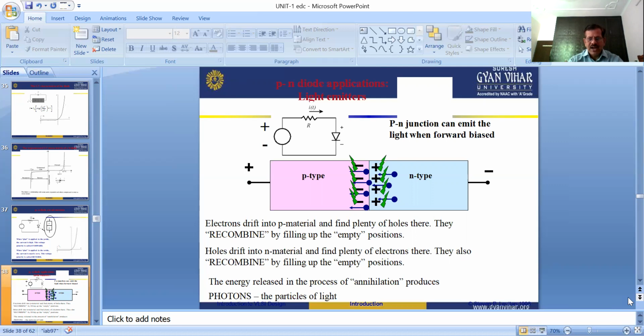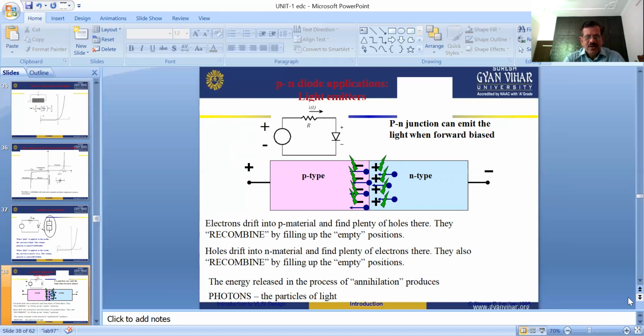When electrons and holes are attracted to each other, energy is generated in the form of light, and this is the process in the light emitting diode, LED. So this is the example of a simple PN junction as an LED, light emitting diode.